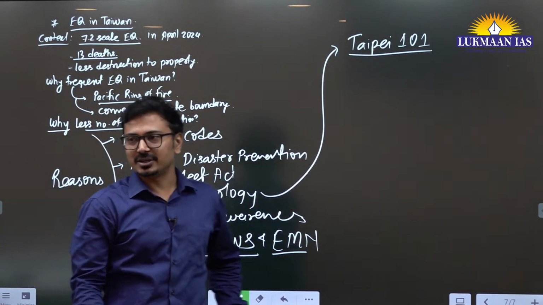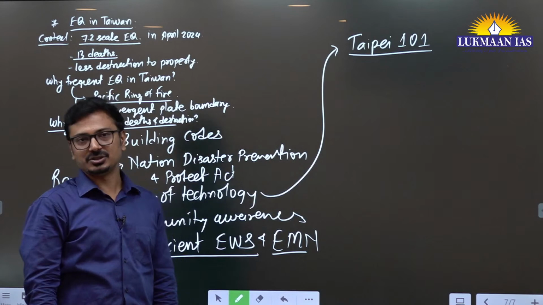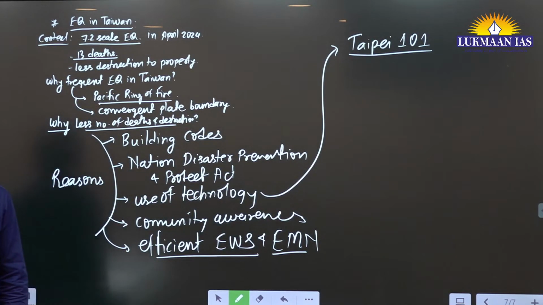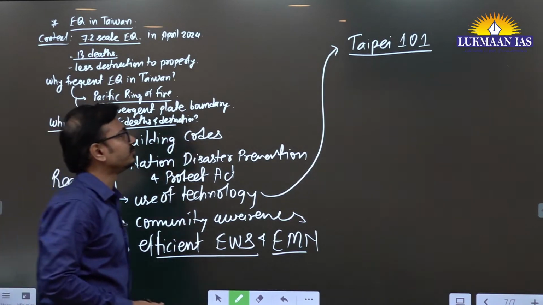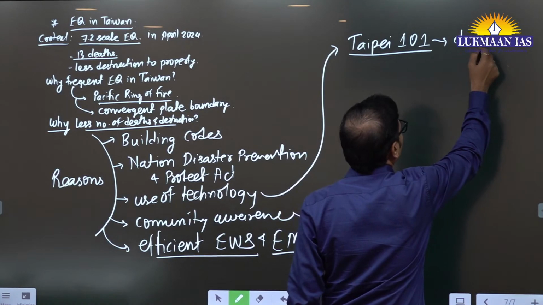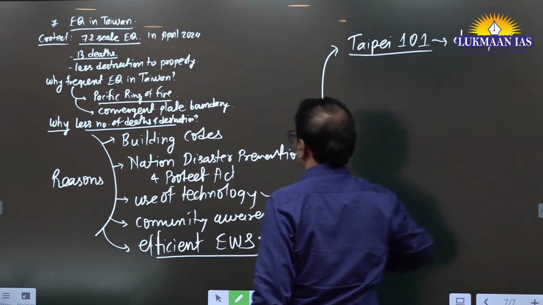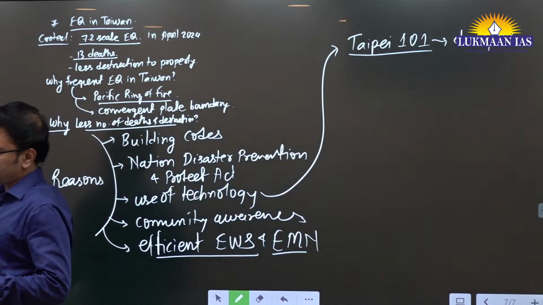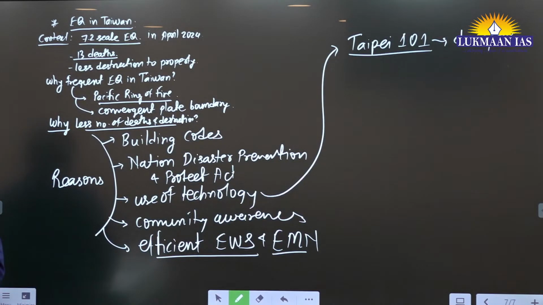So there is one structure there, balancing structure जिसको हम बोलते हैं. The exact word is dampers. A tuned mass damper is there to counter building motion during an earthquake.